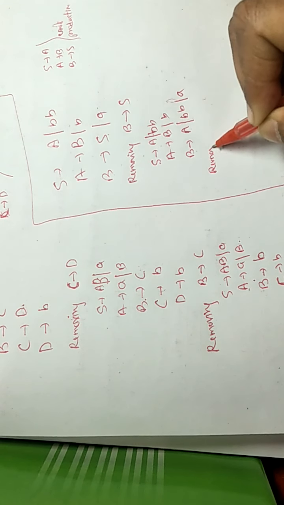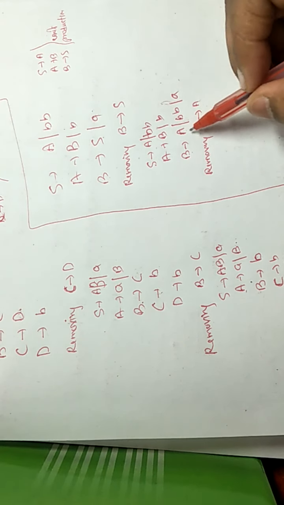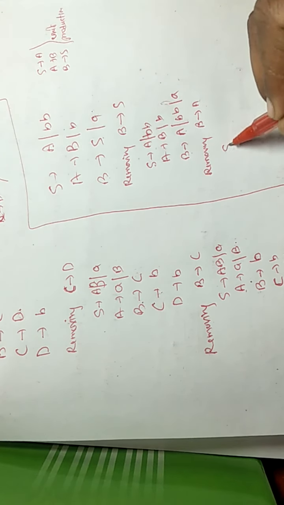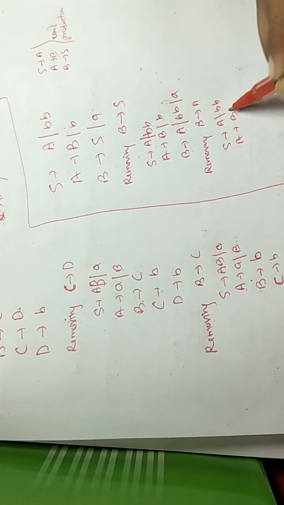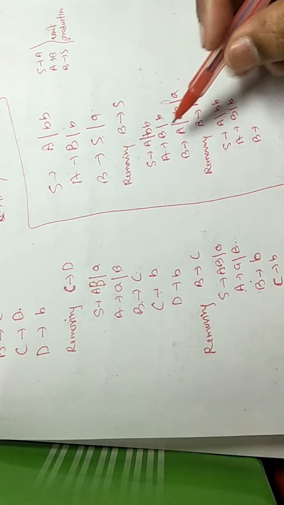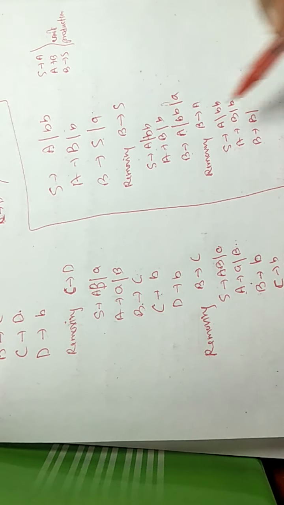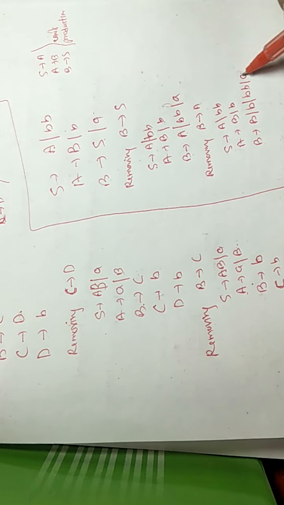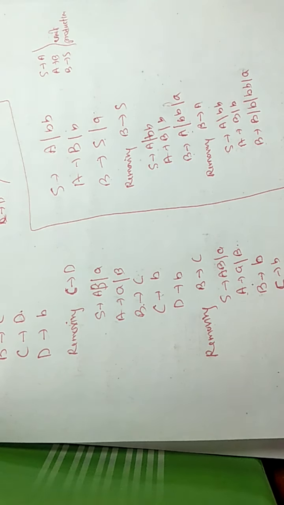Now removing B tends to A. Now we have to put the value of A at this place. So it becomes S tends to A slash BB, A tends to B slash b, and B tends to, putting the value of A here, we will get B tends to B, and B tends to BB slash A. We put the two values of A at this place.